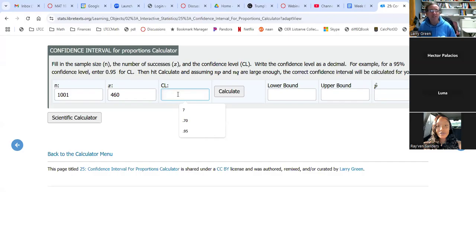If you're okay being less confident so you can decrease the margin of error, then you can use 90%. That works for most all studies that anyone ever does. Not 100% of them, but most of them. So I can go 0.95, and hit calculate.